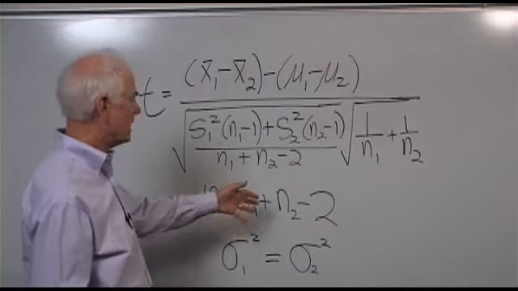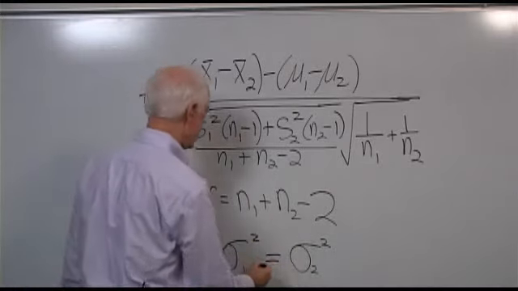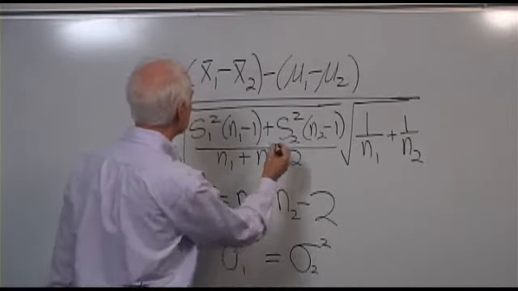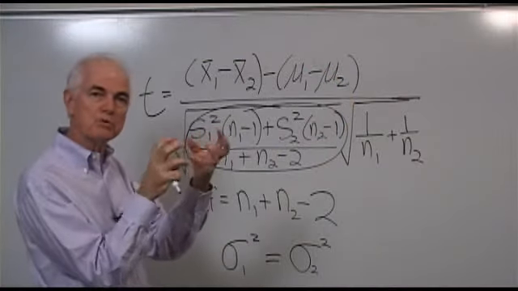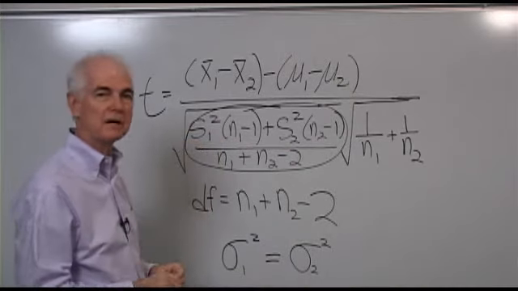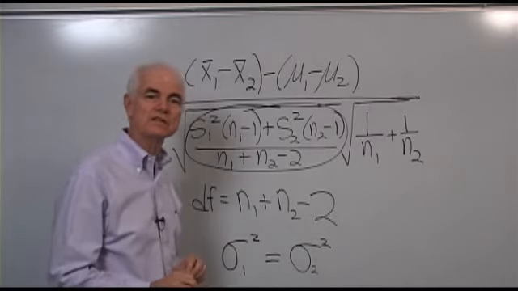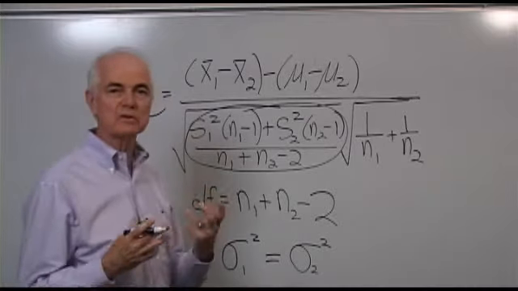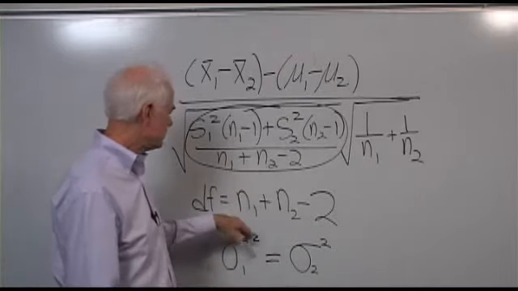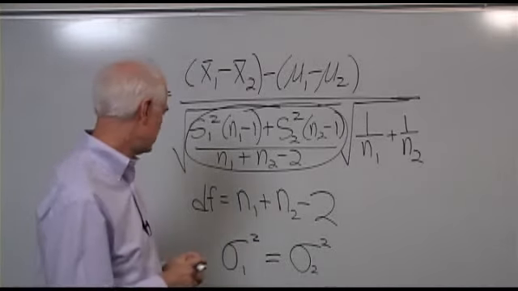Because of this, we sometimes call this the pooled version of the formula, because if you assume the population variances are equal, then we are able to take this part of the formula and weight each of the sample variances and combine them together or pool them in such a way as to estimate the population variance. If you cannot assume that the population variances are equal, then there's another version of this formula that is actually simpler looking, but the degrees of freedom piece of that formula is very complex to solve for, so we're not going to use it here today.